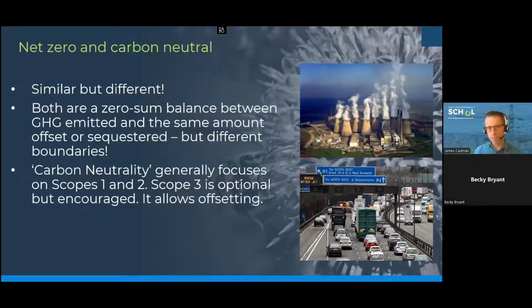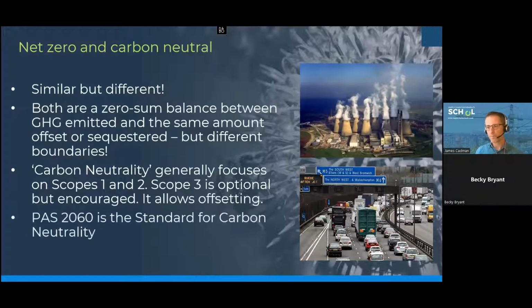There's also something there about ambition. Net zero should ideally be aligned to the Paris Climate Change Agreement, that curve that was coming down to 1.5 degrees earlier. Carbon neutrality doesn't have to follow that. It can be whatever reduction you want to do or you think you can do. It doesn't have to be aligned with the science of Paris. Carbon neutrality is described more fully in a publicly available standard, PAS 2060.